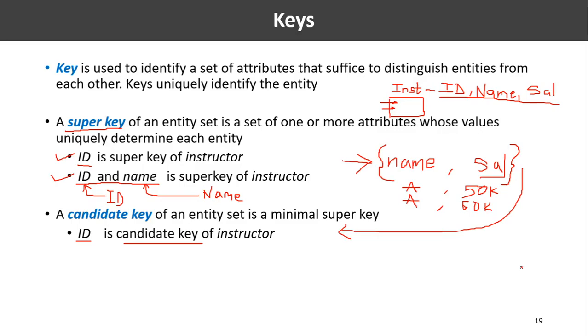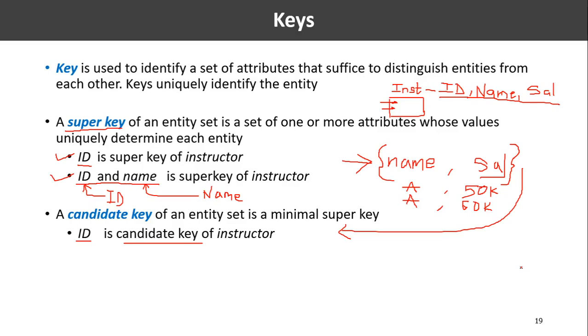A candidate key is always a super key, right? But if we look at a super key, and it is not possible to come up with a proper subset of that super key that is also a super key, then we say that super key is the candidate key.